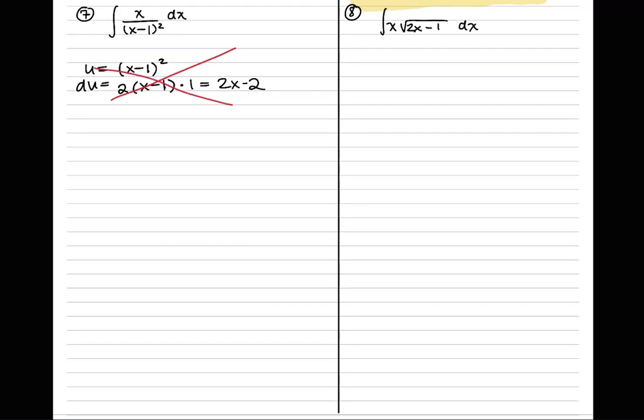Didn't quite work out, not like how I thought, at least. So let's try another guess. Let's go ahead and make the u just the x minus 1 part. Okay, so let's not include the squared part. When I make the u x minus 1, I see the derivative of that is going to be 1 dx.